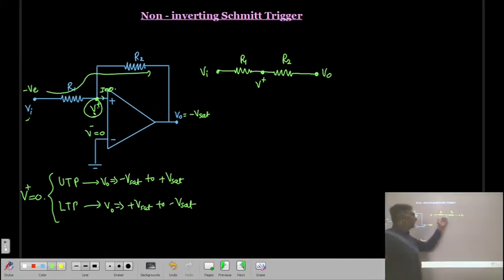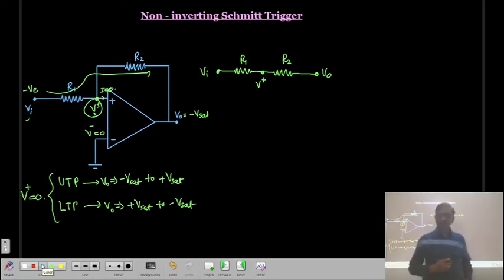Now here V plus can be calculated by applying the superposition principle. In the previous case we already applied the superposition principle and calculated the feedback voltage. In the same way, one of the inputs is Vi, another input is Vo. Now we will calculate what is the V plus.